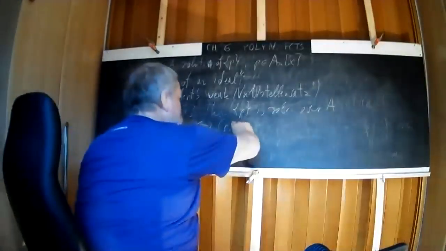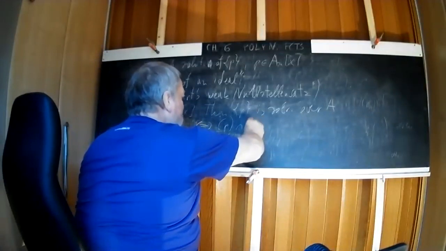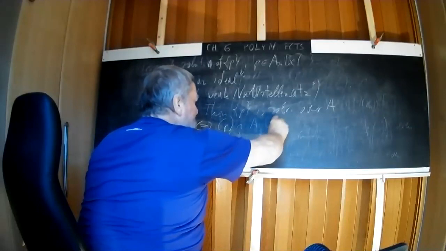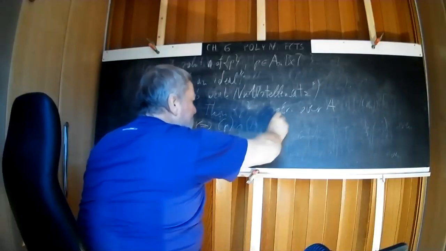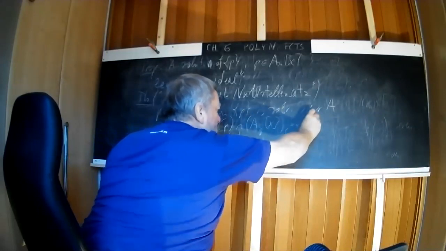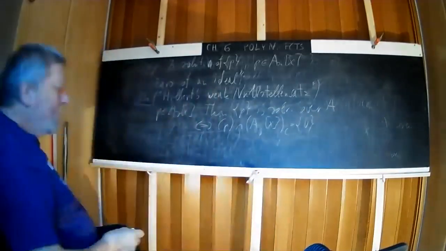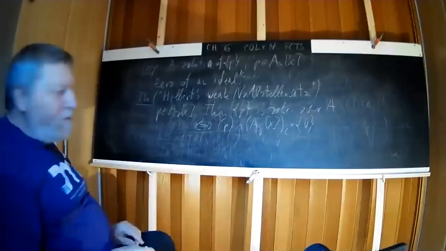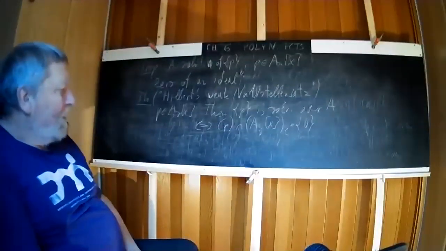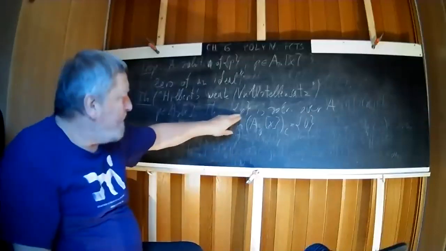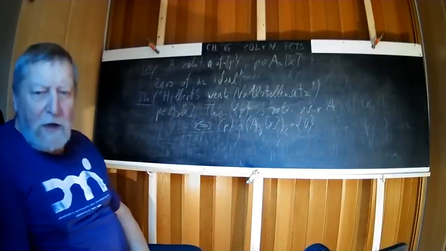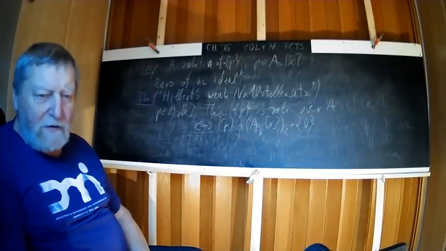So the intersection with A V of X, and here the constant part is equal to 0. So that's the main thing here. An equation is solvable if the ideal generated by P does not contain any constants.